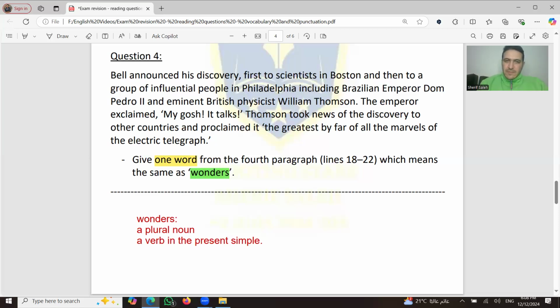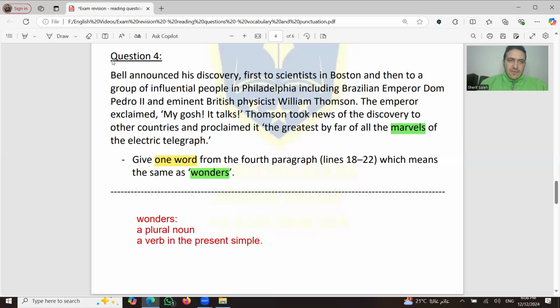Wonders means something wonderful. Thomson took news of the discovery to other countries and proclaimed it the greatest by far of all the marvels of the electric telegraph. So far, the only word that could mean something as wonderful is something marvelous. So the word marvels here is the synonym, the word of the same meaning that we are looking for.